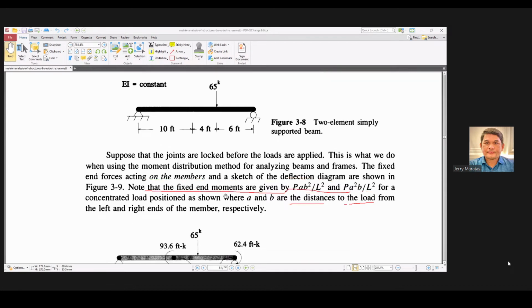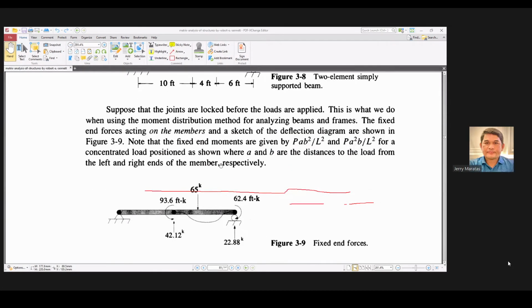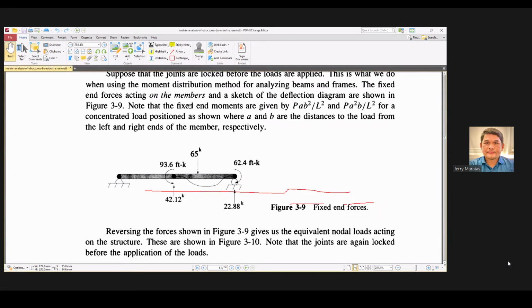If you are very familiar with the common reactions and moments, like this one, this is applicable. This is A, this is B, and these are the moments.